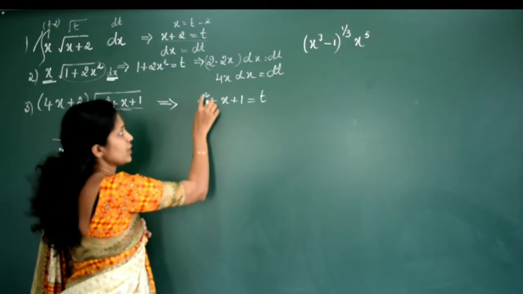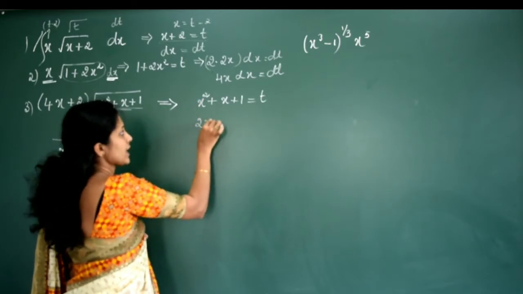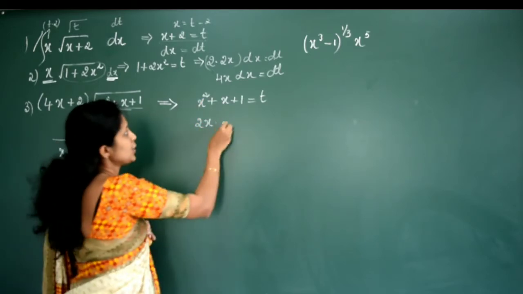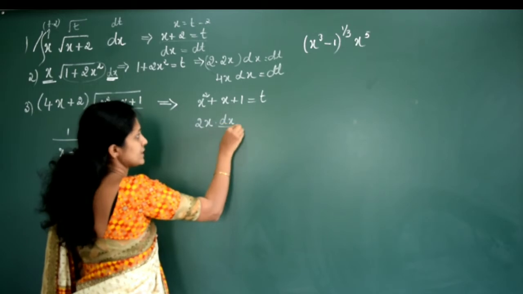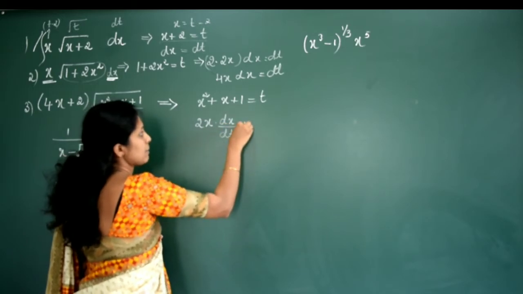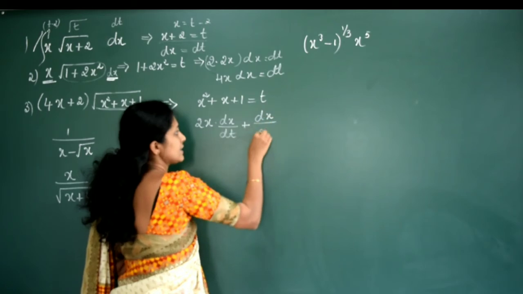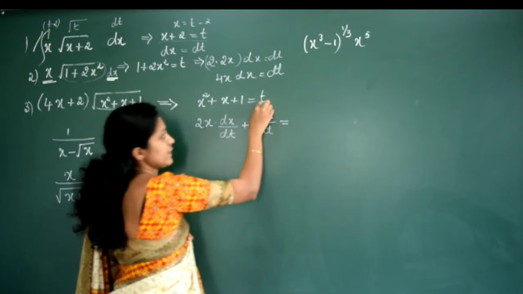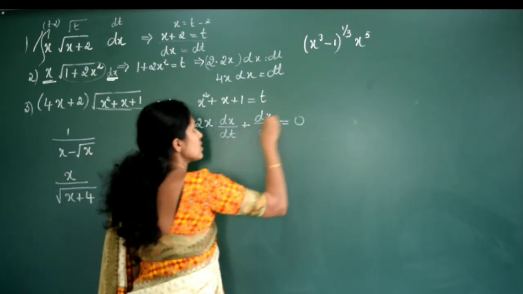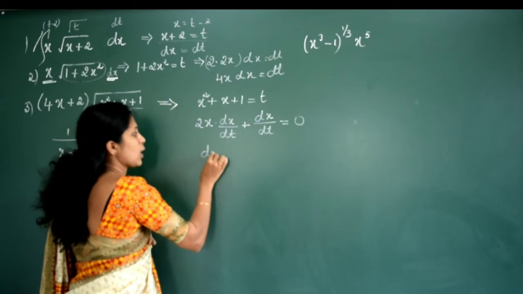After that, the derivative of x square will be 2x into dx by dt, plus the derivative of x with respect to t will be dx by dt, is equal to the derivative of 1, which is 0. So by this I can take dx by dt common.